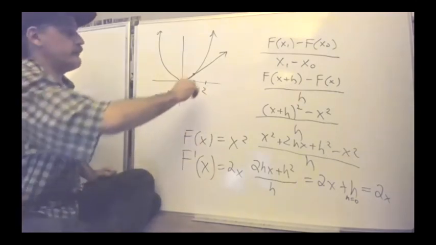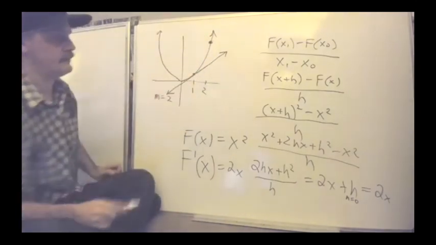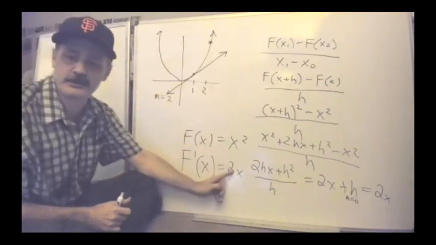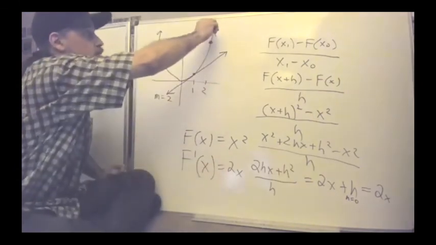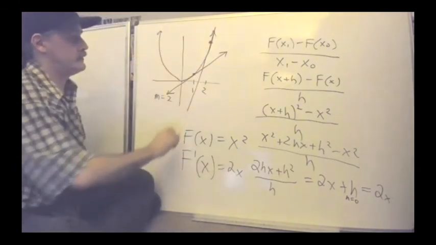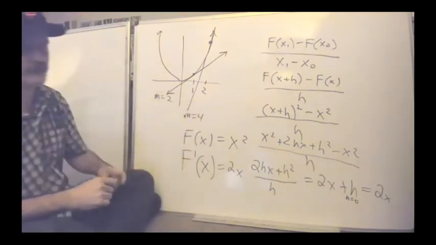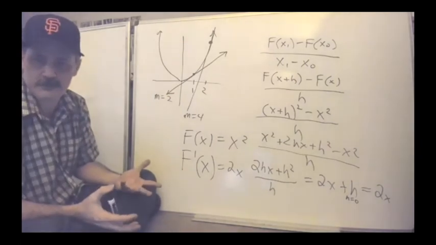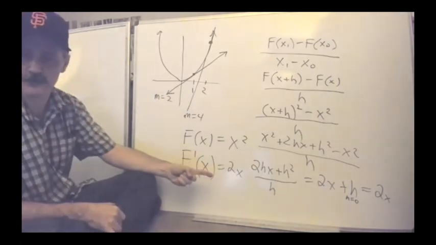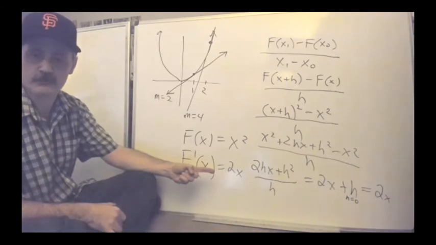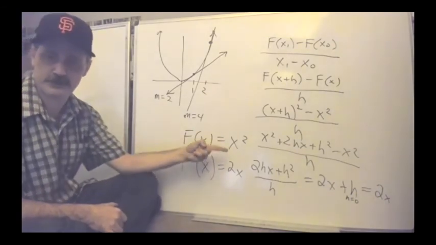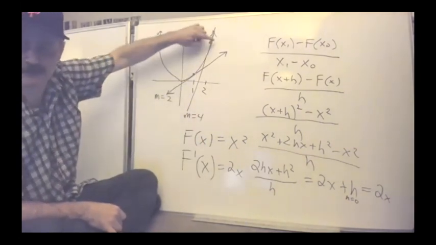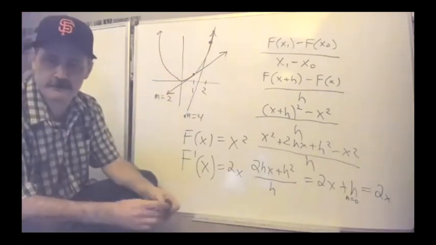Okay, so on the graph when x is 2, the slope of the tangent line that crosses the graph when x is 2 is going to be 2 times 2. So the slope of this tangent line is 4. So that's what that means. That's what the derivative means. It gives us the function of the slopes of the tangent lines to the original function. And Tuesday, I'll show you how to actually find the equations of these tangent lines. We're not going to worry about that today.